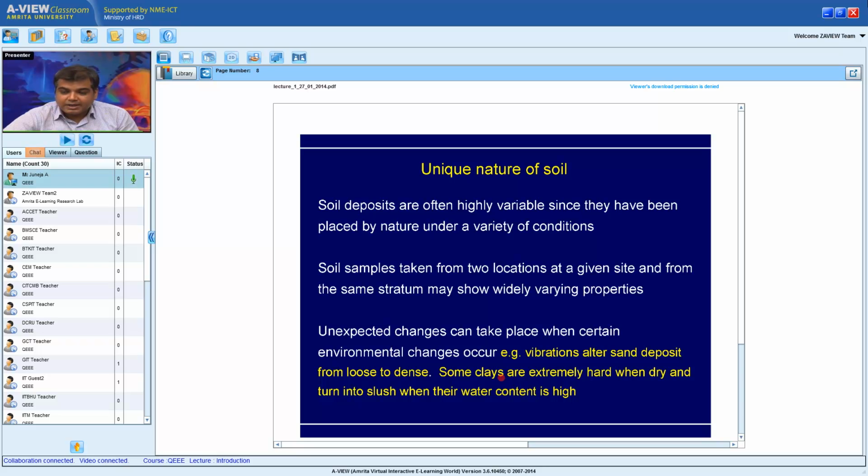I'd like to take an example of the last two lines by quoting sensitive clays. Clays which are sensitive have a fair amount of shear strength when they are not disturbed, but a slight disturbance will cause the strength to decrease by a large magnitude.